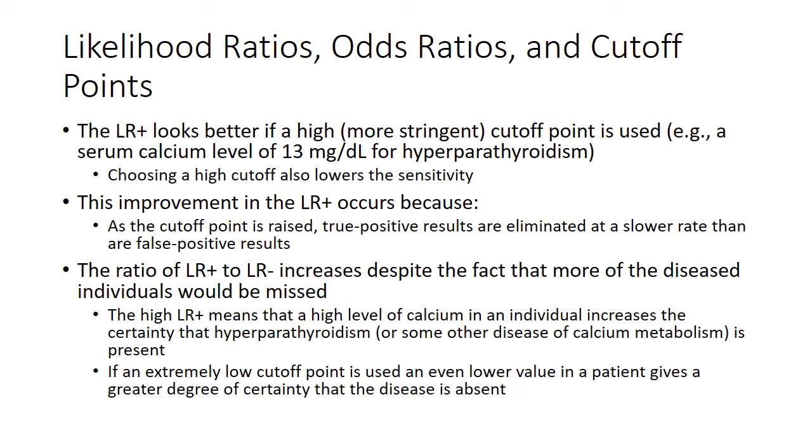And with an extremely low cutoff point, say we're dropping our low cutoff point, someone who had a value even lower than that would give you a pretty high degree of certainty that the disease was absent in those individuals.